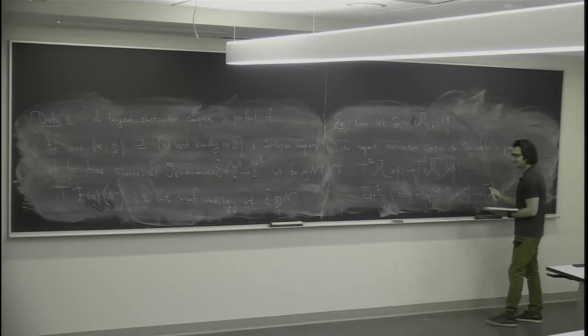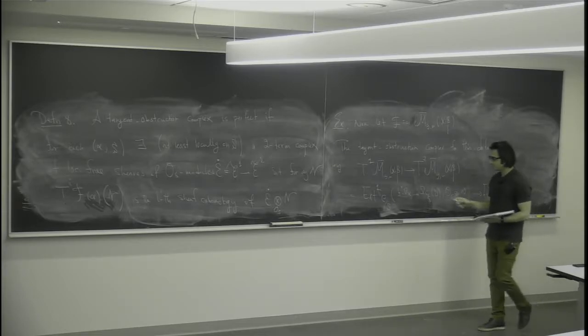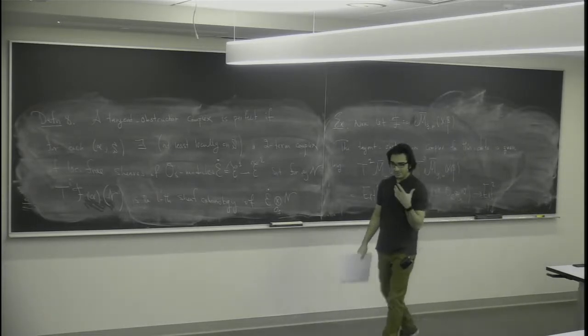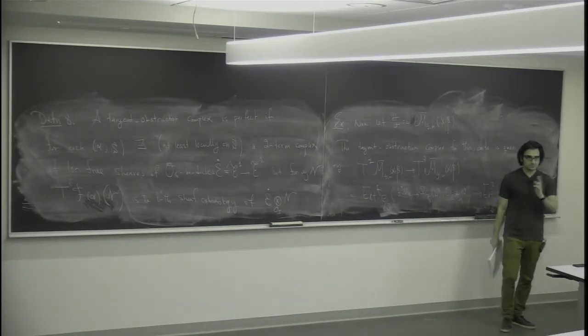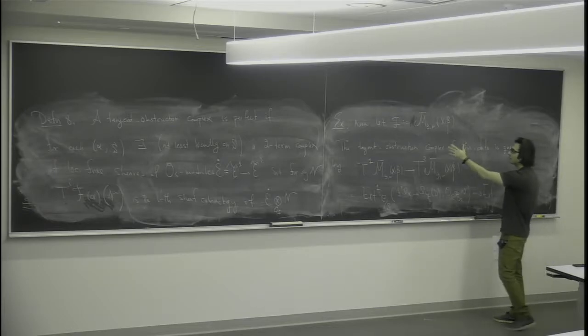Then there's also, for every time that S is a point, I have points on the curve, n marked points, n sections.